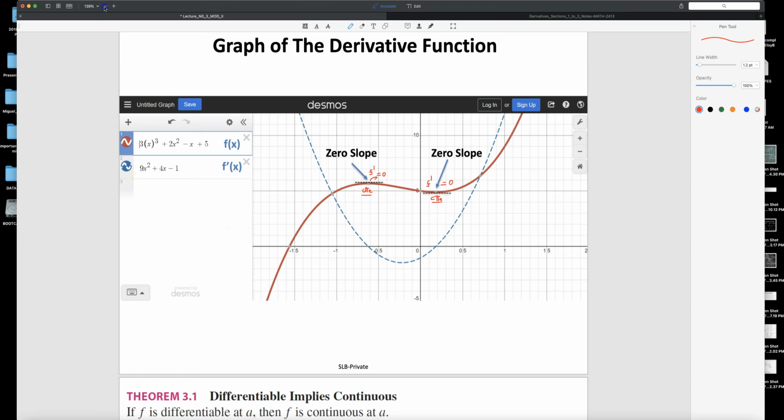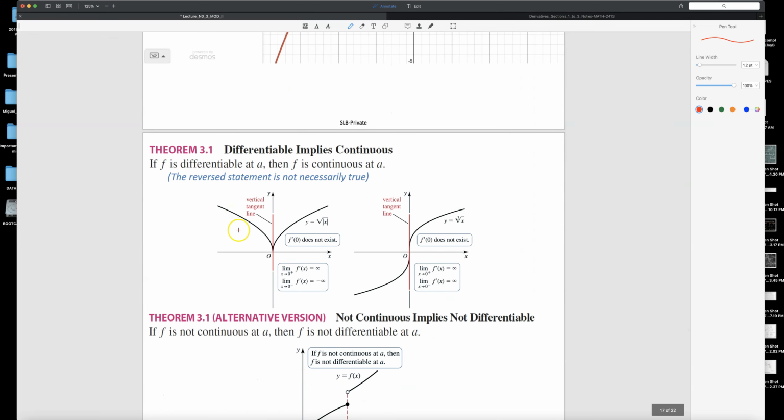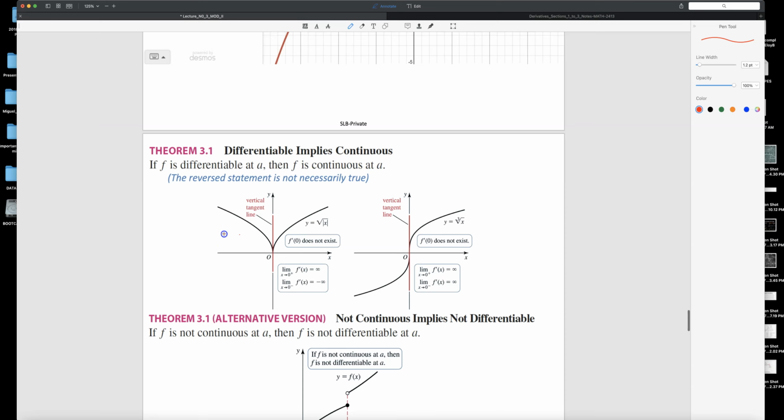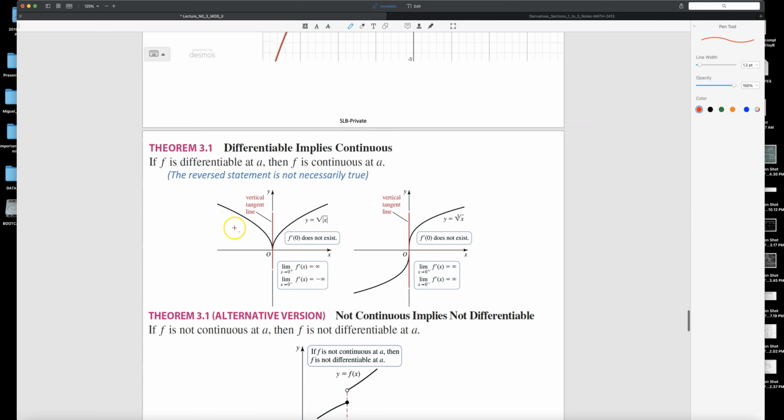Okay? What other comment I want to make here? Well, some considerations. For instance, here the function is decreasing, so the derivative is going to be negative. Here the function is increasing, so the derivative is going to be positive.